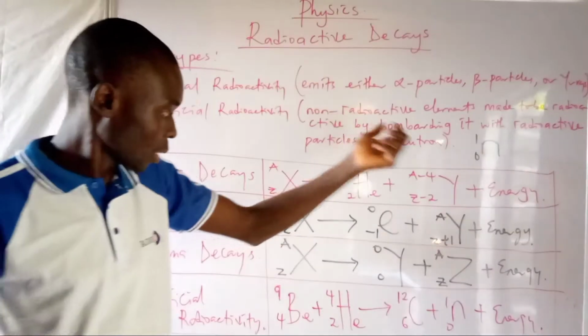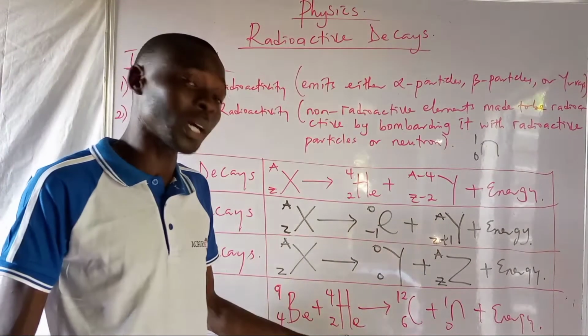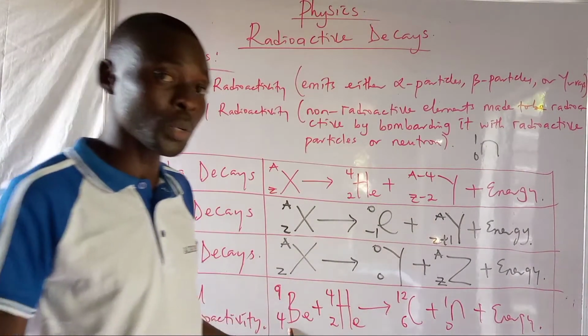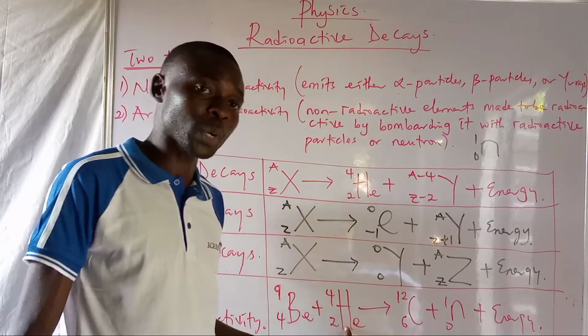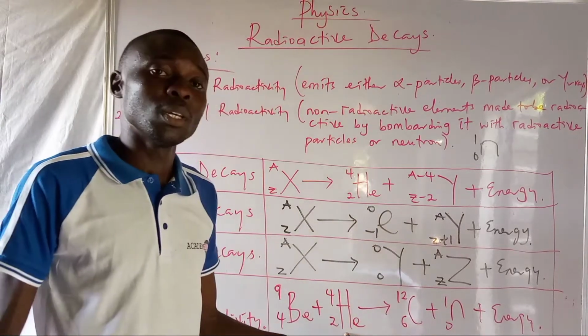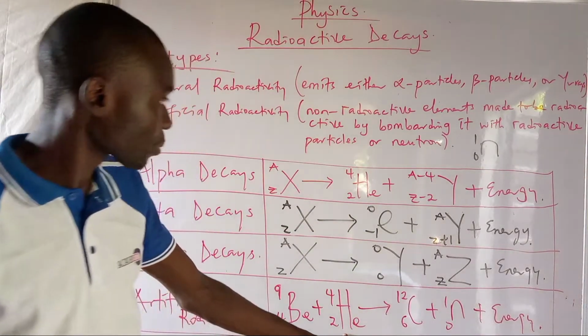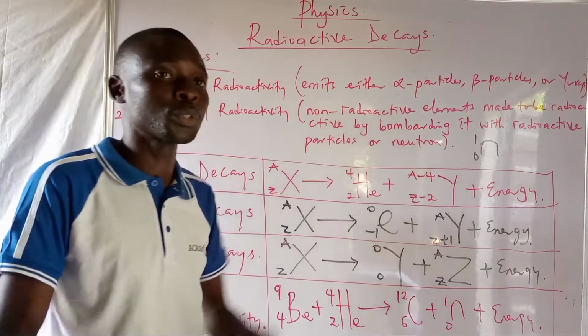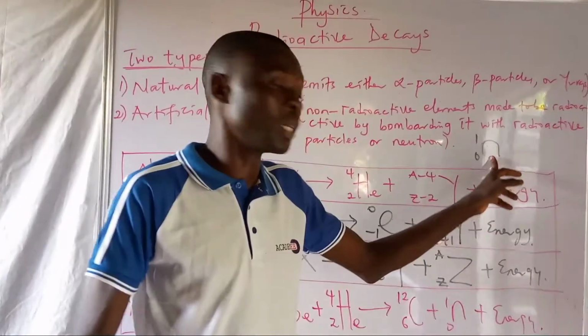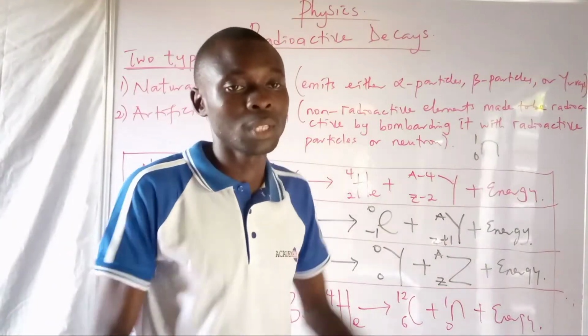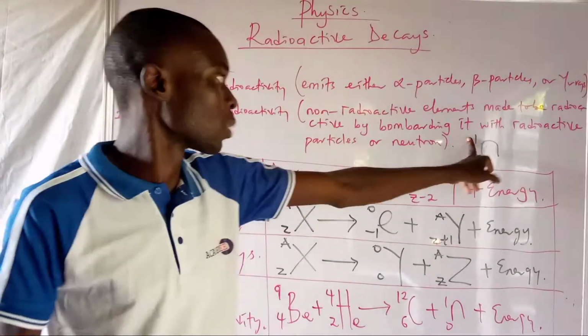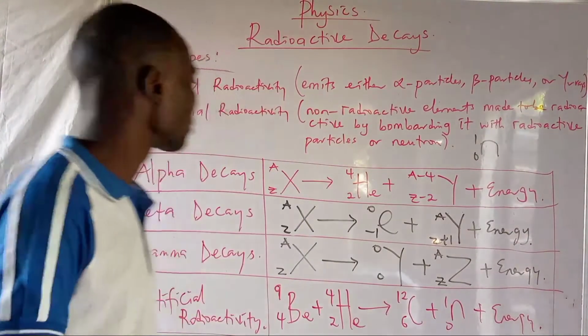In this case, we bombard beryllium, which is non-radioactive, with a radioactive particle which is helium, that is alpha particle, or a neutron. Neutron is represented by n, mass number 1, atomic number 0.